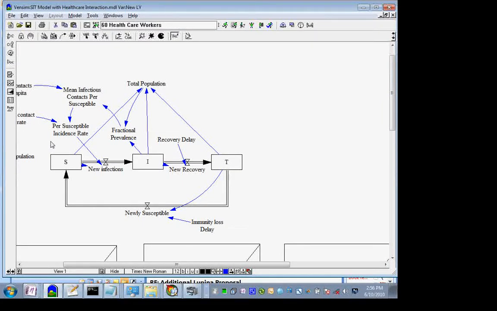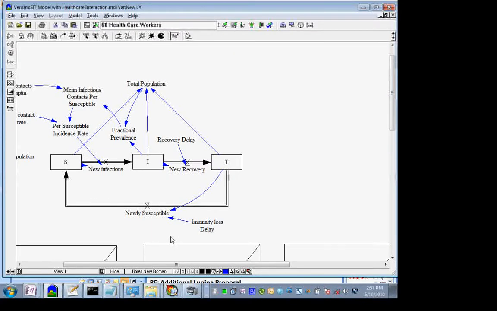Okay, so we say these stocks are in persons. Okay. How about let's start with something else. Does anyone recognize something else that might be easy to assign a unit to? Or the flows.